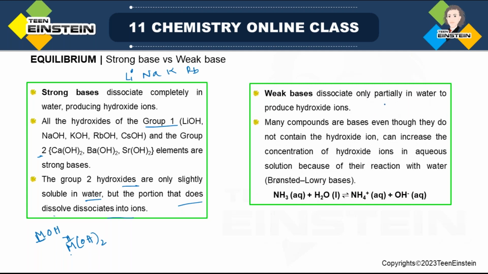Then weak bases dissociate only partially in water and produce hydroxide ions. Many compounds are bases even though they do not contain hydroxide ion, and that we have already seen in the different theories, right? So remember the theories, that is Bronsted theory, Lewis theory, Arrhenius theory.